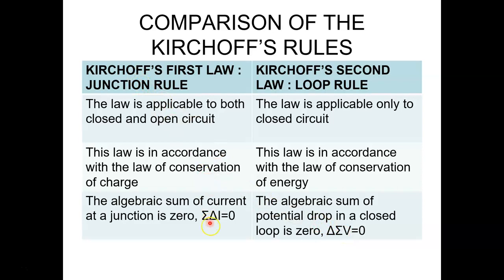In the junction rule, I care about the current, its direction, and the total current in the circuit. While in the loop rule, I only pay attention to the voltage. So if I have an inductor, a capacitor, and a resistor in my circuit, the total of the V across each component should be equal to 0. So this is the comparison of the Kirchhoff laws.